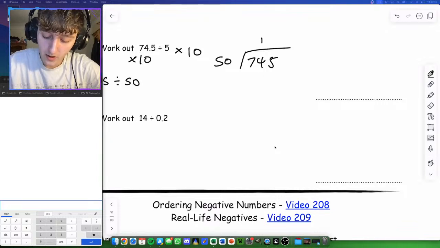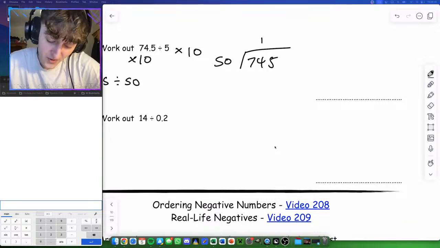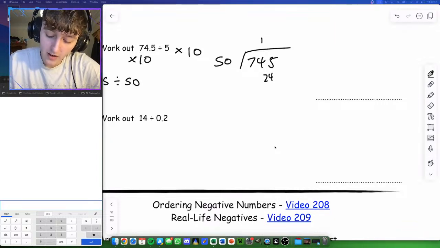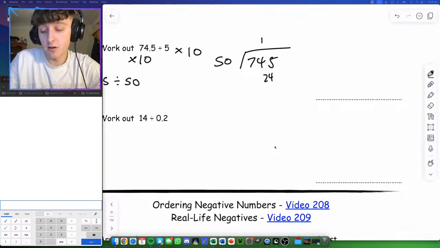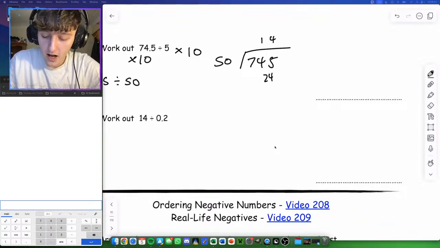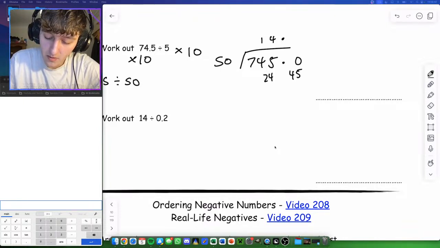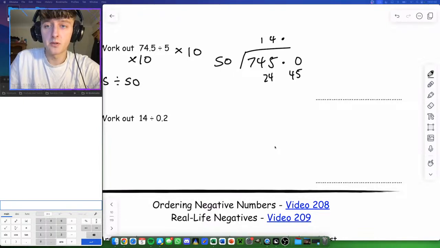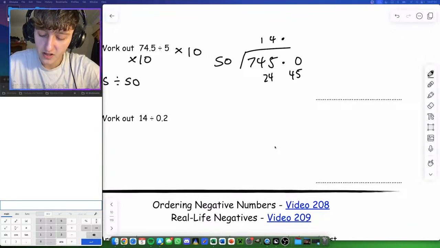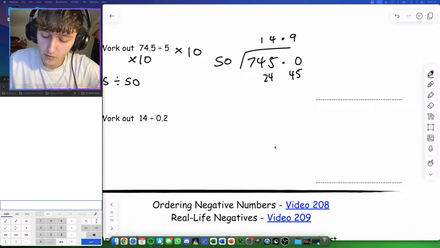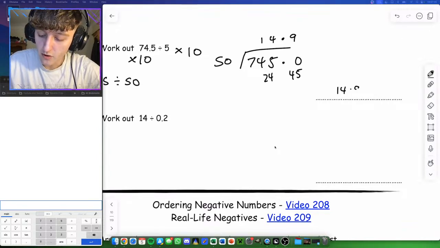Then we have a remainder of 24, if I'm correct. Put the 24 down here, so 245, we can get 4 in that, and there's a remainder of 45. With a 0, we put 45 here. Remember to carry a dot up to the top as well. And 450, that's 9. So 14.9 is your answer.